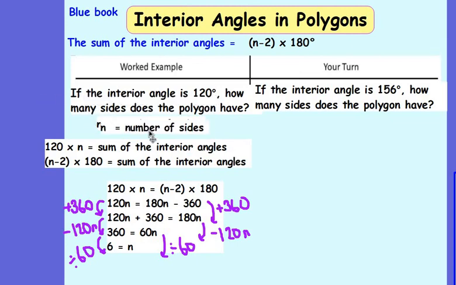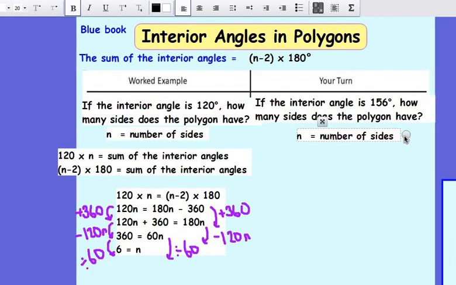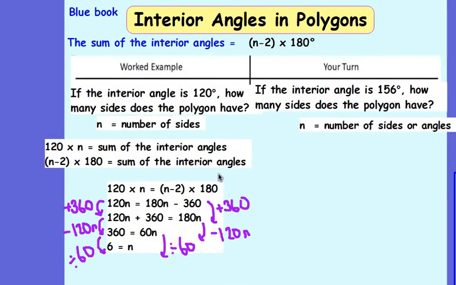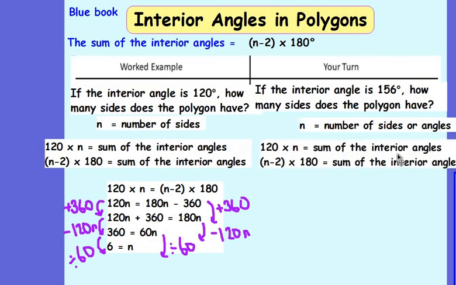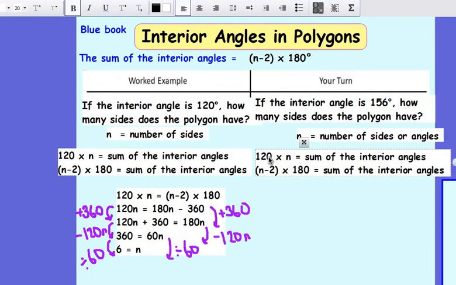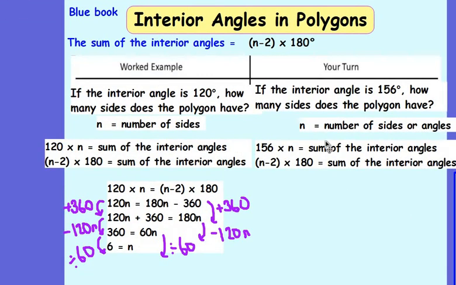Okay, let's go through the answer. So n is the number of sides, or the number of angles, within the polygon. We know that in this case 156 multiplied by the number of angles will give me the sum of the interior angles.